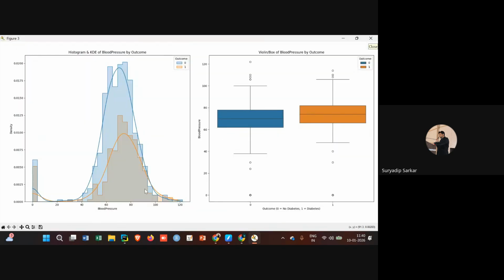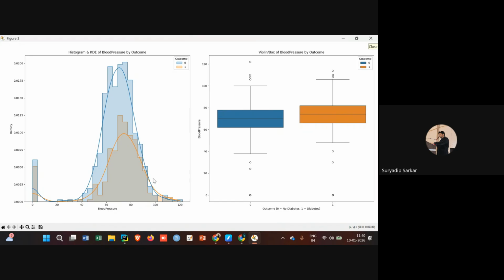Now for blood pressure, you can see that both of them form mostly a normal distribution. The distribution of the diabetic people is mostly coinciding with the non-diabetic people.